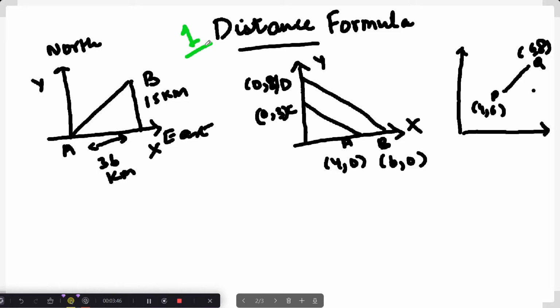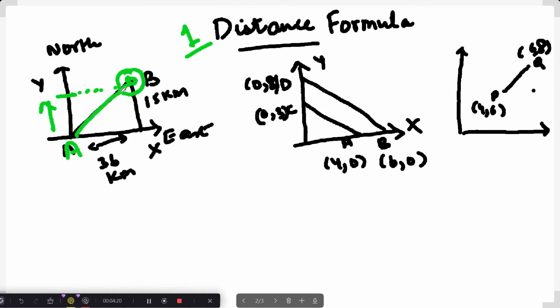So let's move on to the first topic, which is the distance formula. Just listen to what I'm saying. There is a town B which is located 36 kilometers east and 15 kilometers north of a town A. So simply, there is A, and 15 kilometers north is town B, and it's also 36 kilometers to the east, right?